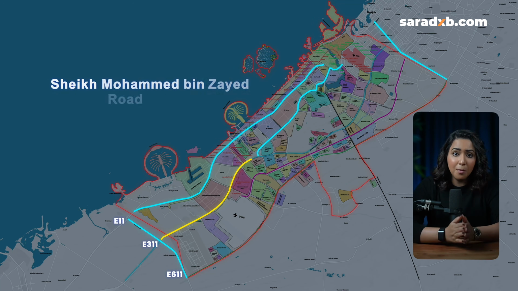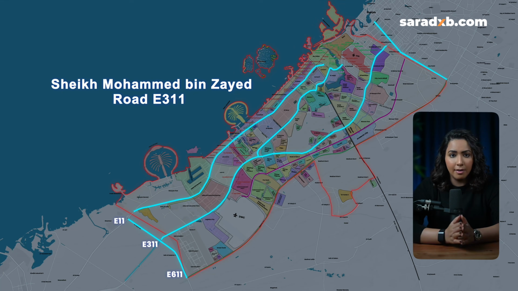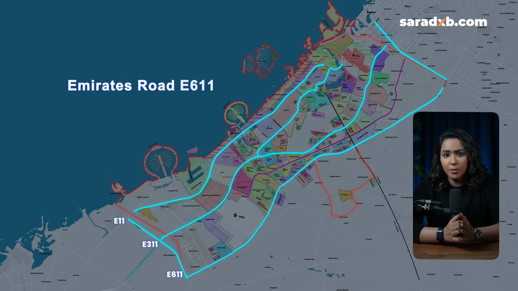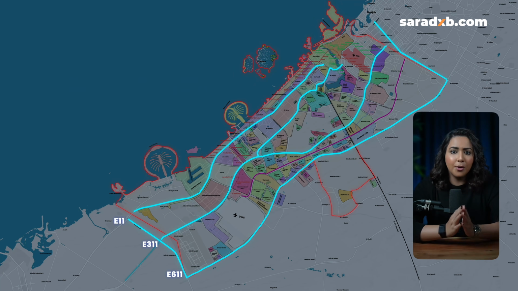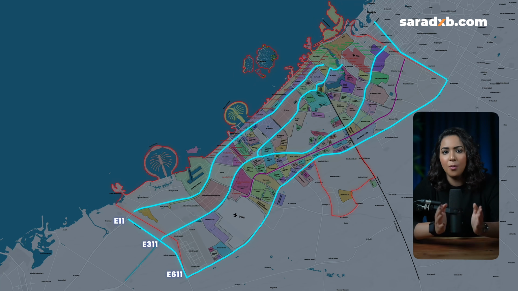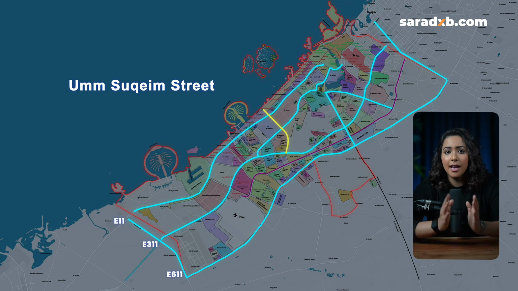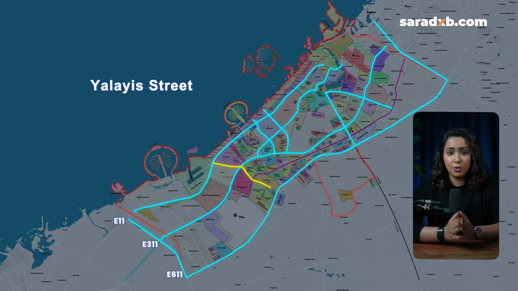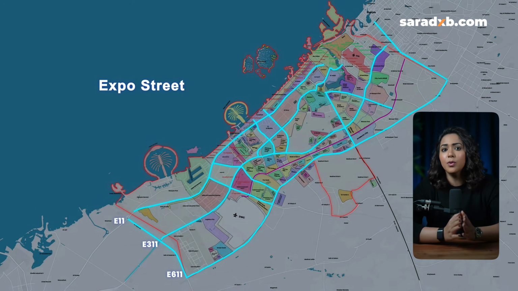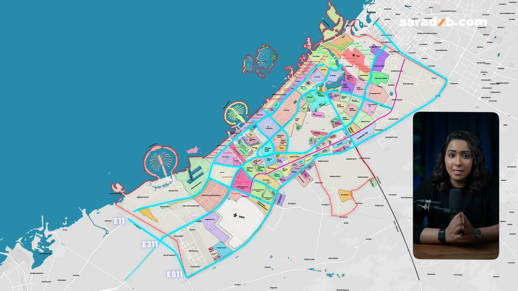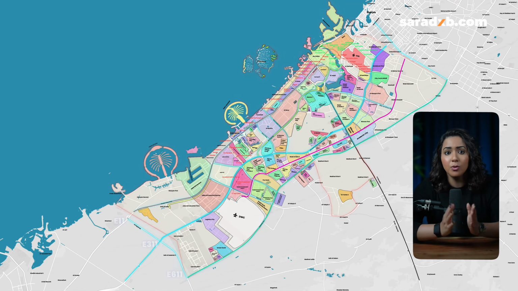Then we have Sheikh Mohammed bin Zayed Road, the E311, and also Emirates Road, the E611. And then there are connecting roads. These roads link communities and districts to the main highways: Ras Al Khor Road, Dubai Al Ain Road, Sufouh Street, Hessa Street, Al Yalayis Street, Expo Street. This road structure explains how Dubai is planned and why the development follows infrastructure.